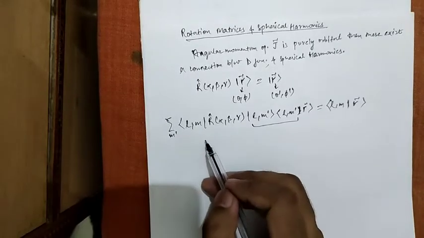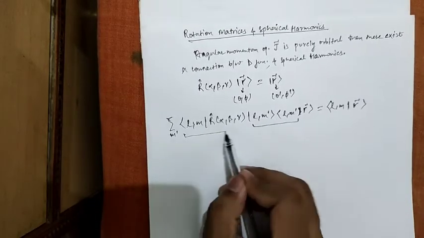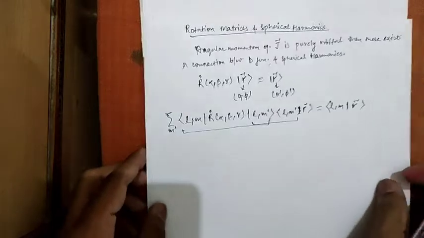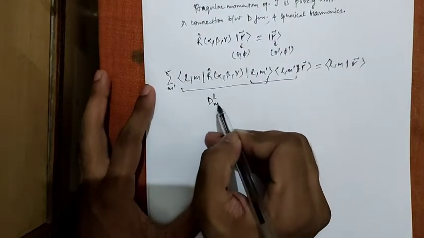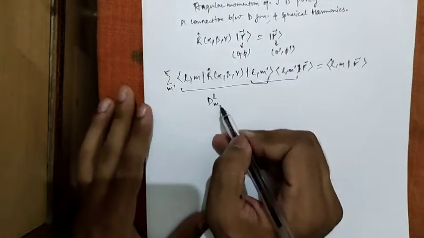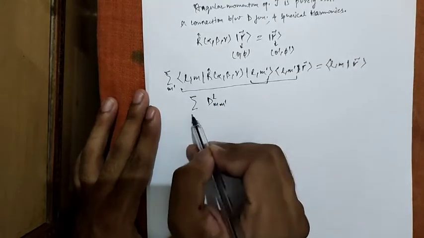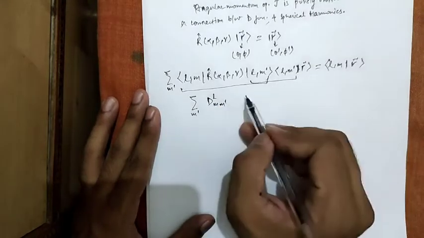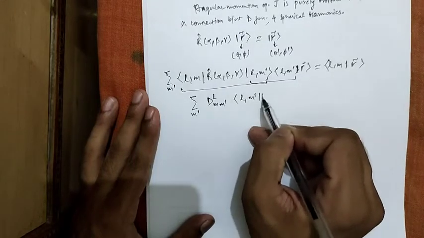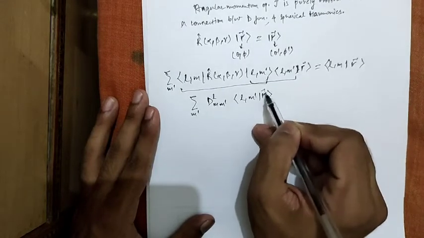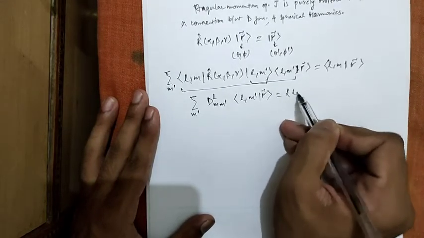Now you can see that this is nothing but our D function. So we can easily write this as D^l_{m m dash}, summation over m dash, lm dash r, equals to lm.